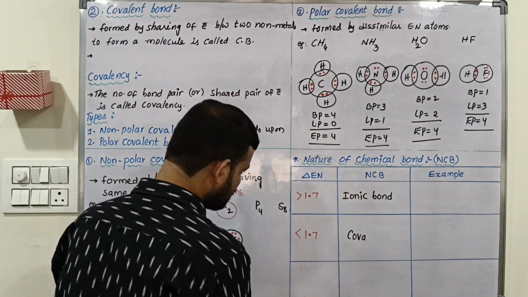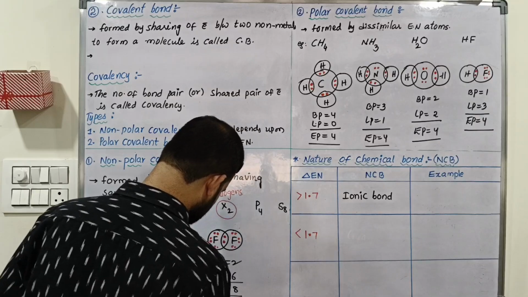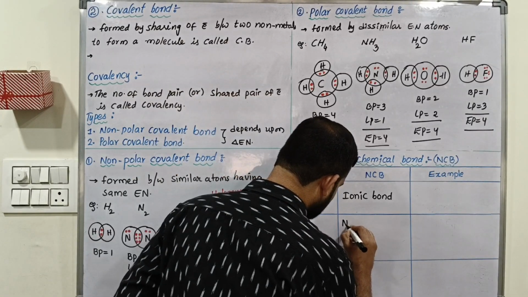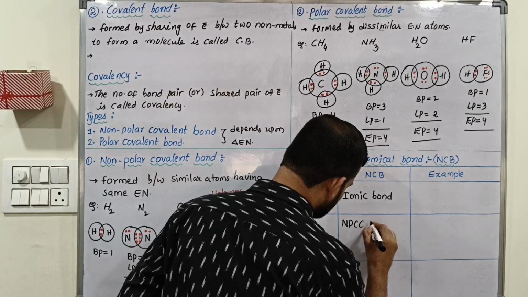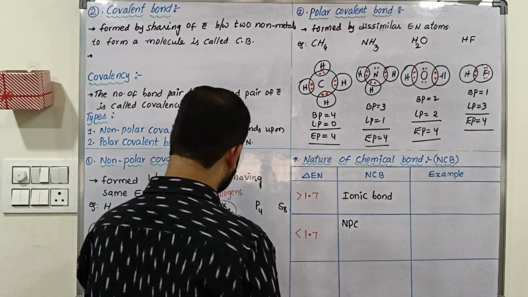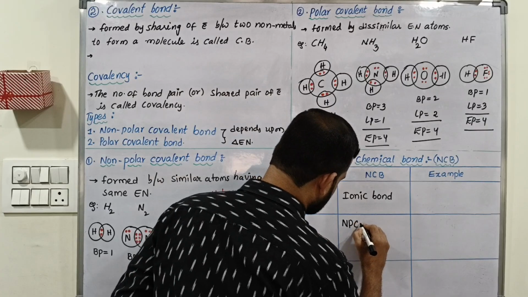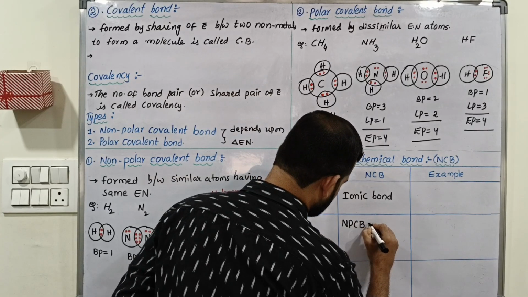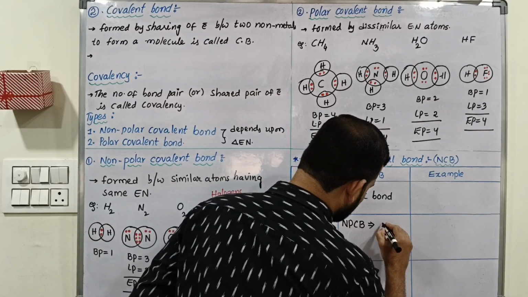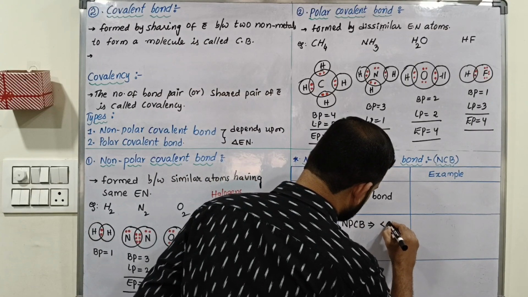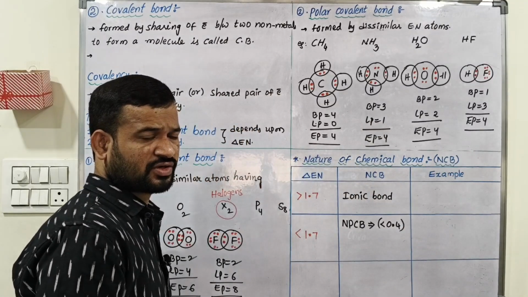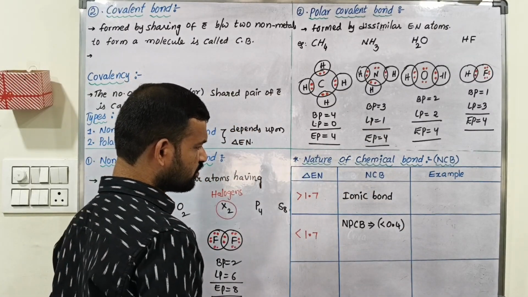Next, if less than 1.7, that is covalent. In this, we have two types of covalent compounds, non-polar and polar. First, for a non-polar covalent bond, the electronegativity difference is less than 0.4.